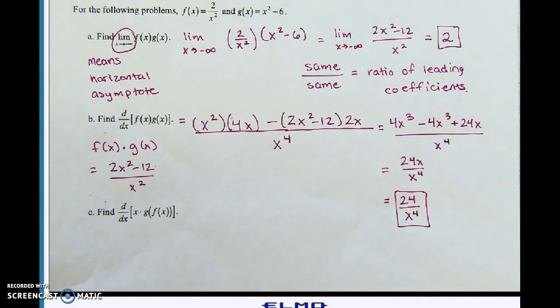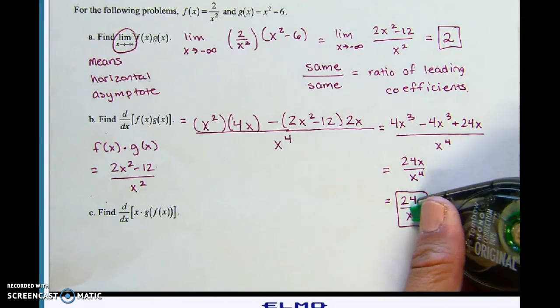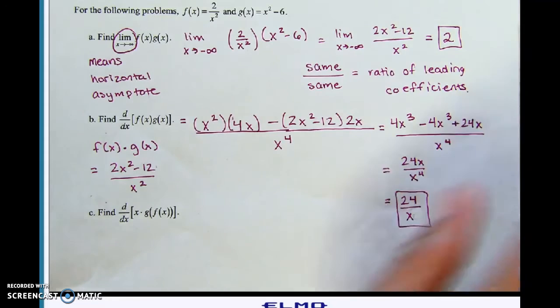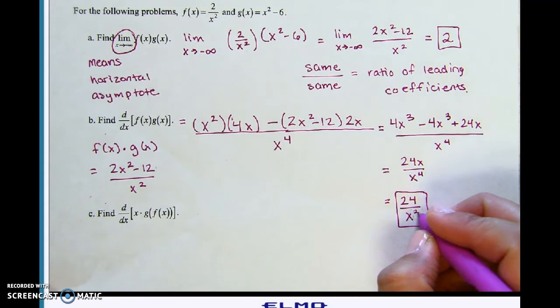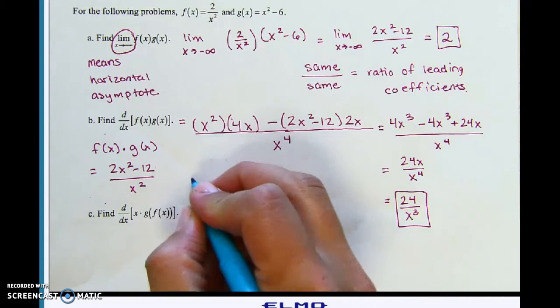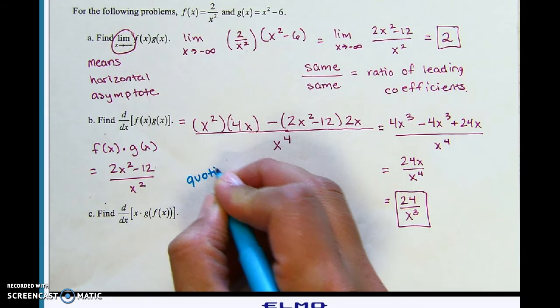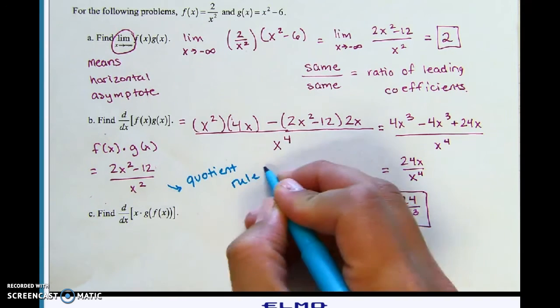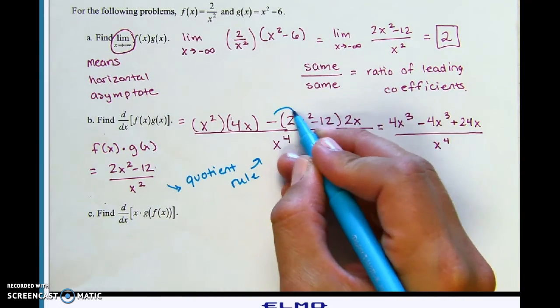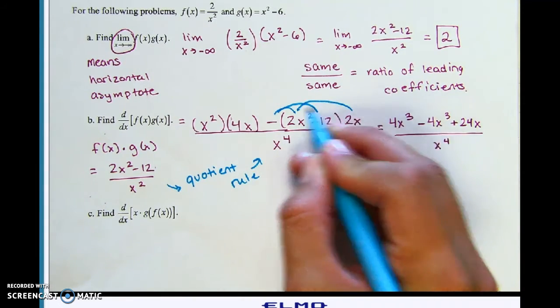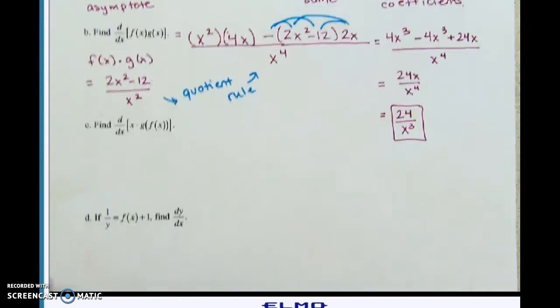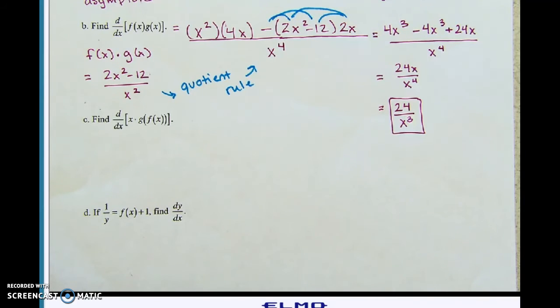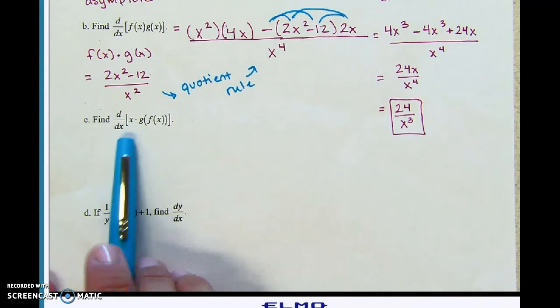Then we used the quotient rule from here to here, and then distributed the negative, and the 2x was distributed.